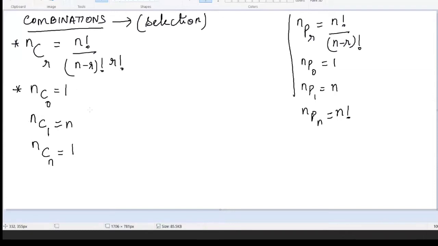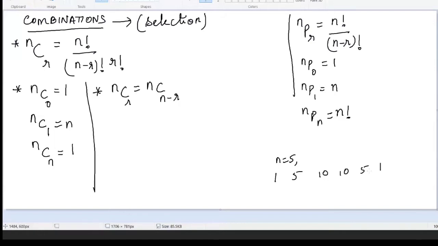Okay, so now the next one here is NCR is always equal to NC(N minus R). We know now for n is equal to 5, which are the numbers to be remembered? In binomial theorem we had remembered it was 1, 5, 10, 10, 5, 1. So here this was 5C0, 5C1, 5C2, 5C3, 5C4, 5C5.